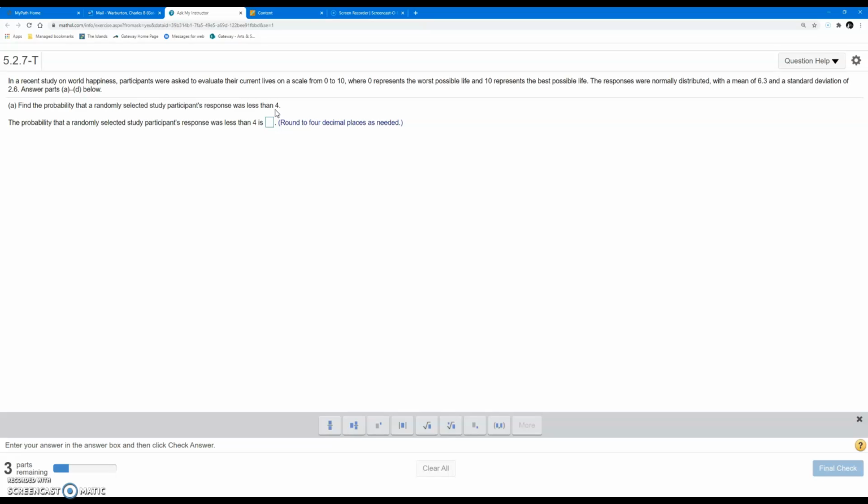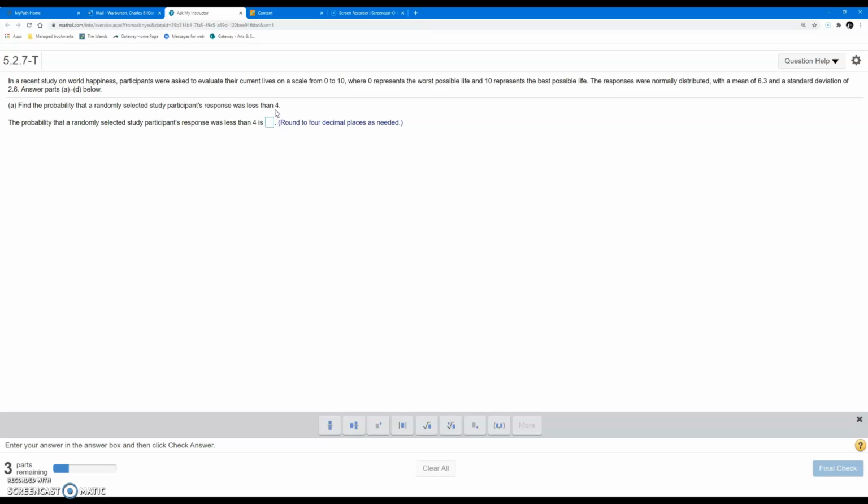And how you can do that is you take the individual value minus the mean, and then compare that to a typical deviation. So in this case, the individual had a score of 4. The average was 6.3. And there you can see that the individual is negative 2.3, or 2.3 points below the mean. Now compare that to a typical deviation, which is 2.6.